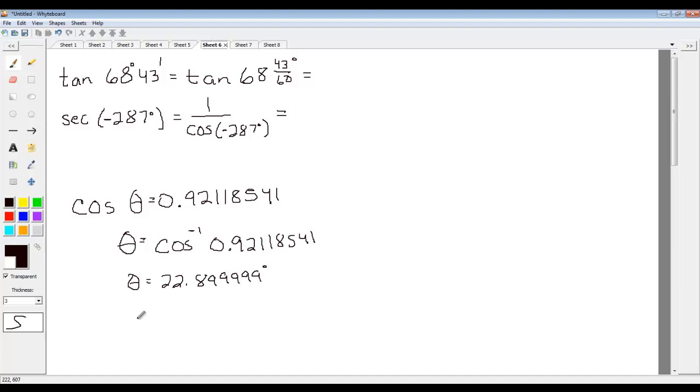You could also use it if, let's say, you know cotangent of theta is 1.44666474. Well, cotangent is the same thing as 1 over tangent. So you could also say that tangent is 1 over cotangent.